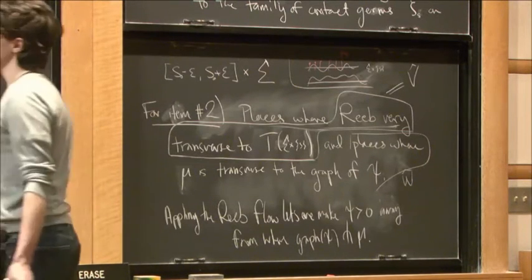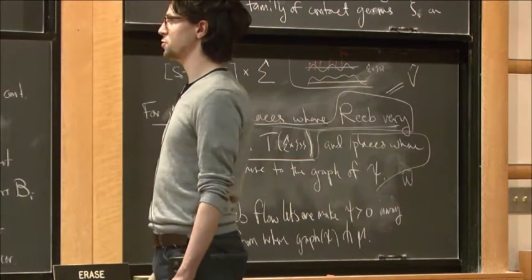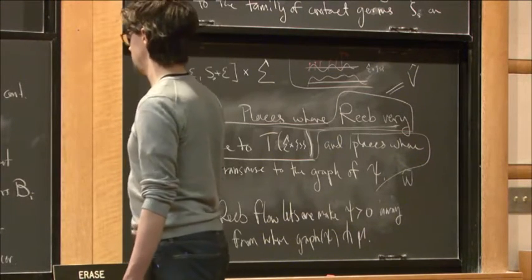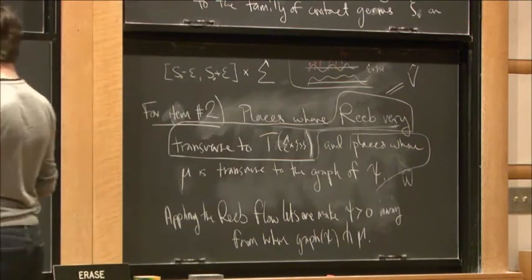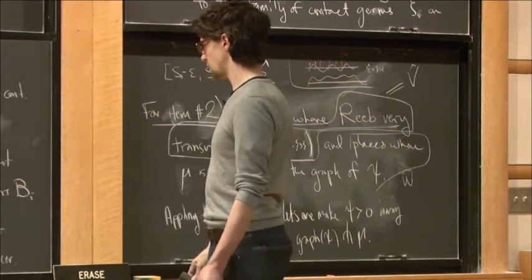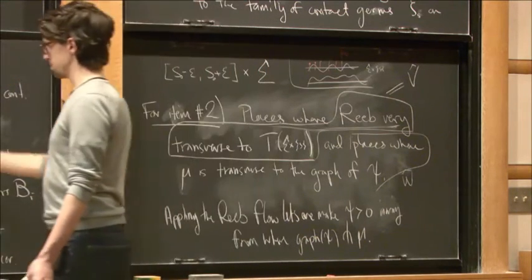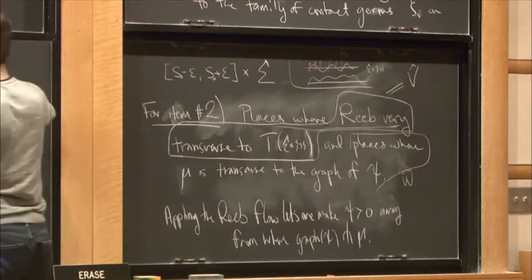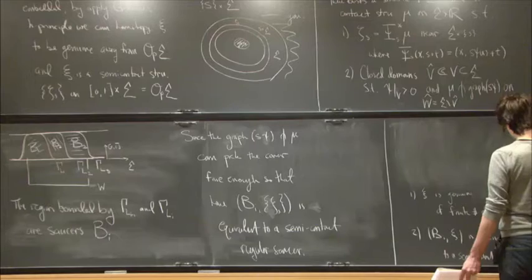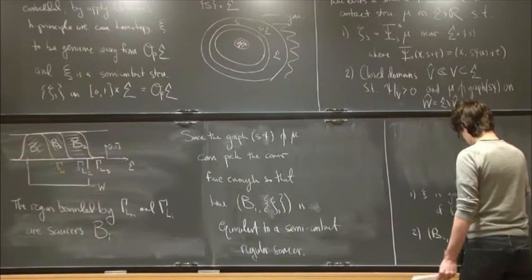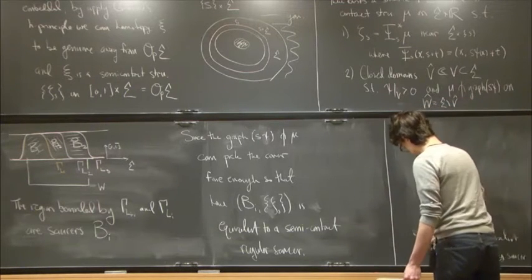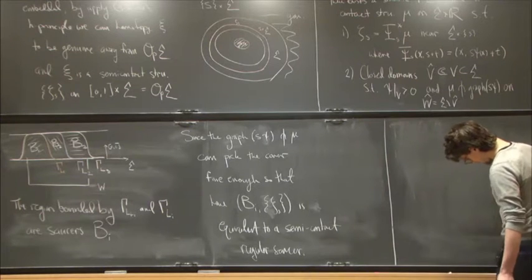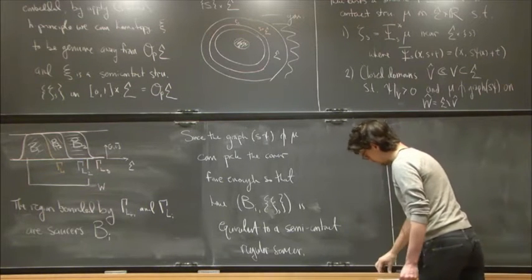All right, so we reduced our problem now to just having to fill some collection of saucers. And now we need to get to this universal Hamiltonian.